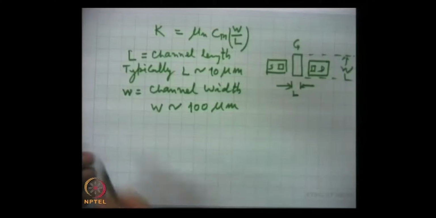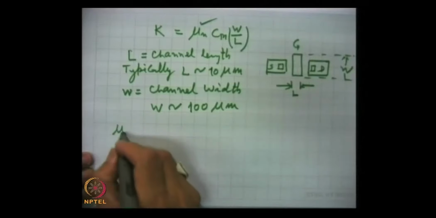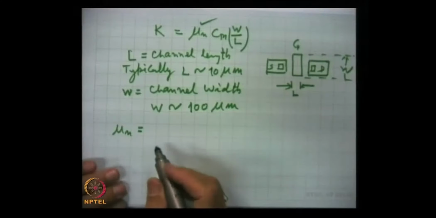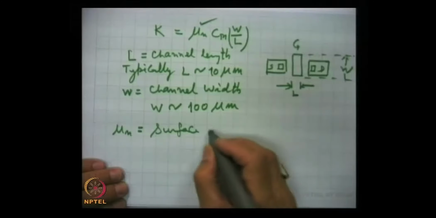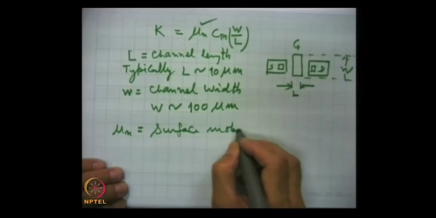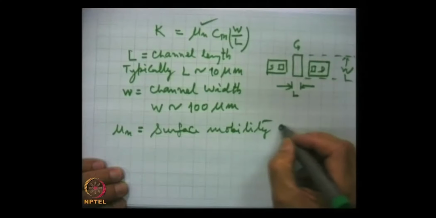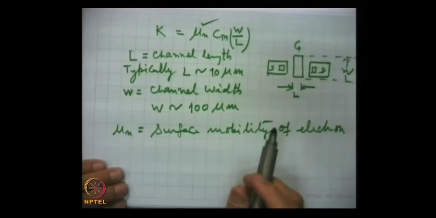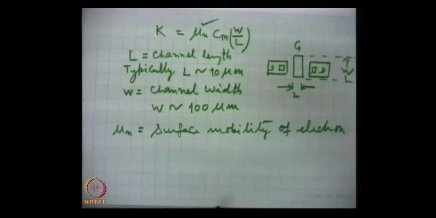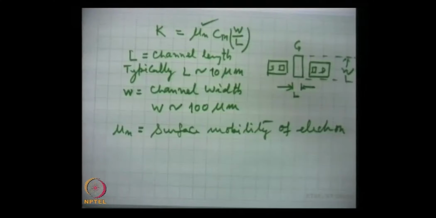And mu n is surface mobility of electrons, because we are talking of normally used n channel E-MOSFET, and so this channel is containing electrons.